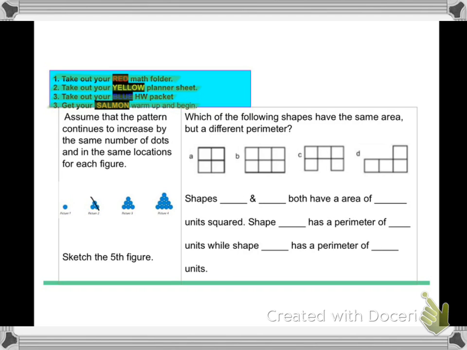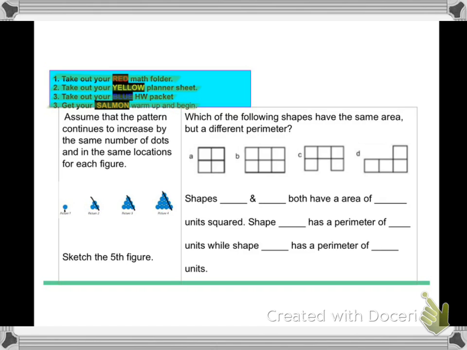In figure 2, a second row is added. In figure 3, a third row is added, each time increasing by 1 dot. And in figure 4, a fourth row is added. So figure 5, I would need 1, 2, 3, 4, 5 across the bottom.